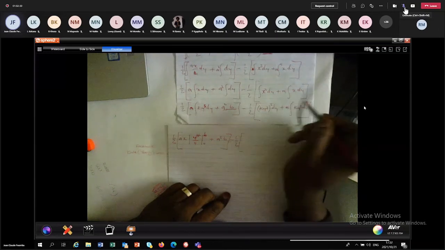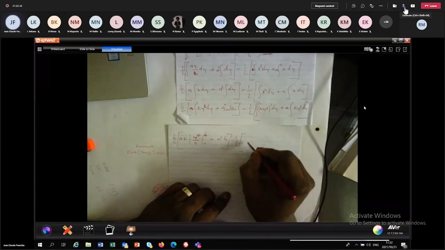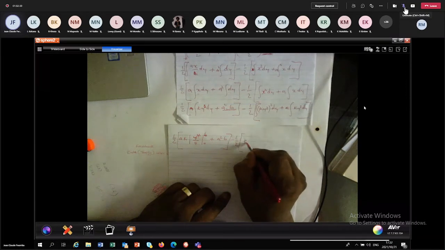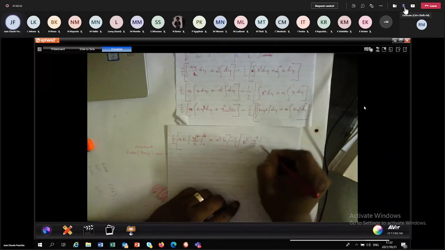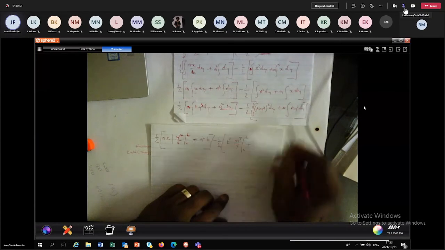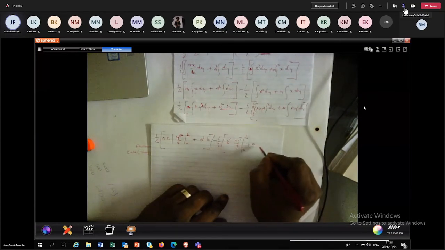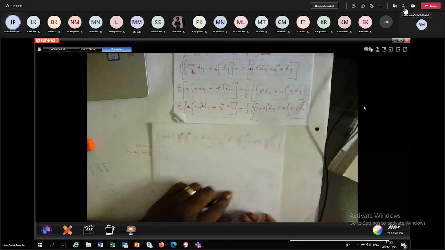So let me push my constant out: k squared, y to the power 7 over 7 within my limits b and 0, plus here a k, which I can solve as well, y to the power 4 over 4 within b and 0.